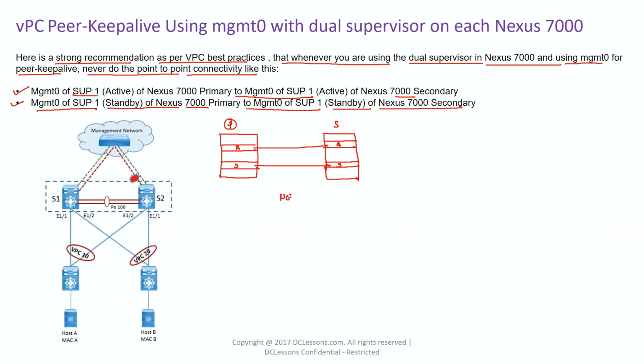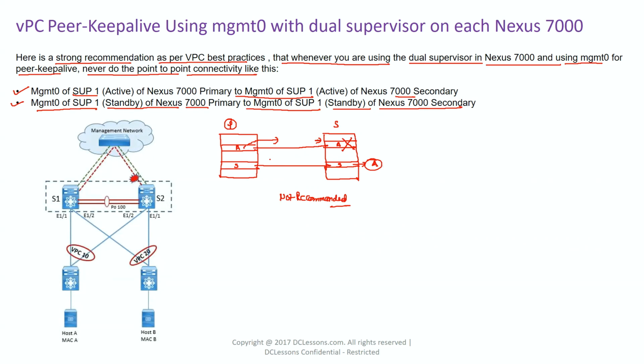Not recommended. Why? Because let's suppose your active supervisor goes down and this supervisor becomes active. And if your peer link is traveling via here, it will never reach here. So in that case, your peer link will be down. It will show down. Okay.